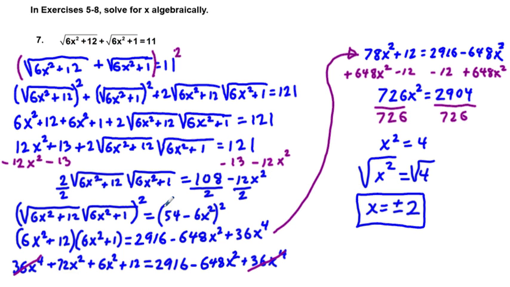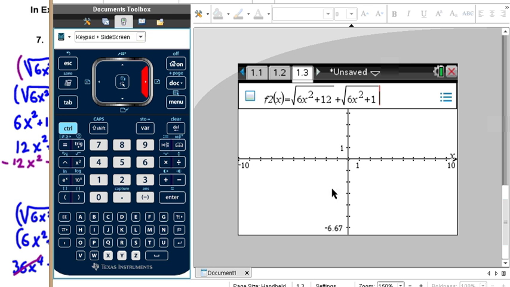And as one last thing, we can solve this by graphing. If we solve this equation for 0, we take square root of quantity 6x squared plus 12 plus square root of quantity 6x squared plus 1 equals 11. If we subtract 11 from the right side, we set the right side equal to 0. So we go to a calculator where I already have the left side entered.